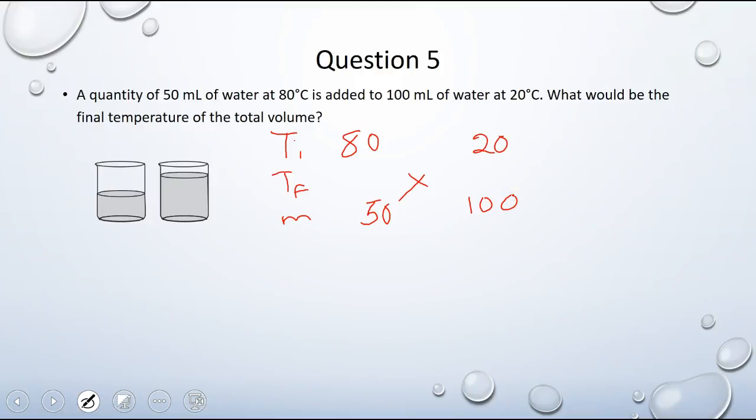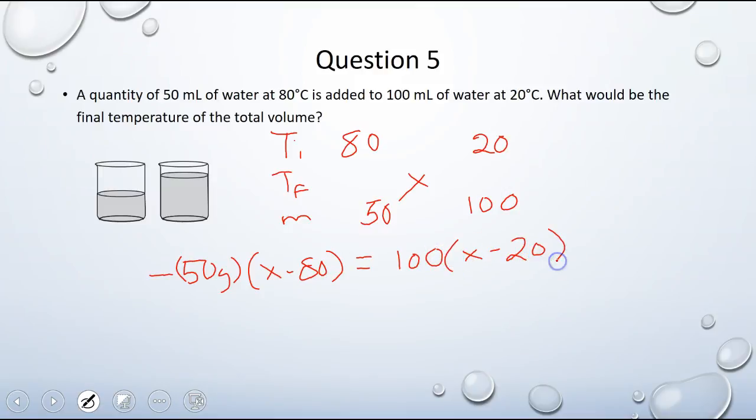So we have negative 50 grams times X minus 80, and that's going to equal 100 times X minus 20. So we have negative 50X plus 4,000 is equal to 100X minus 2,000.